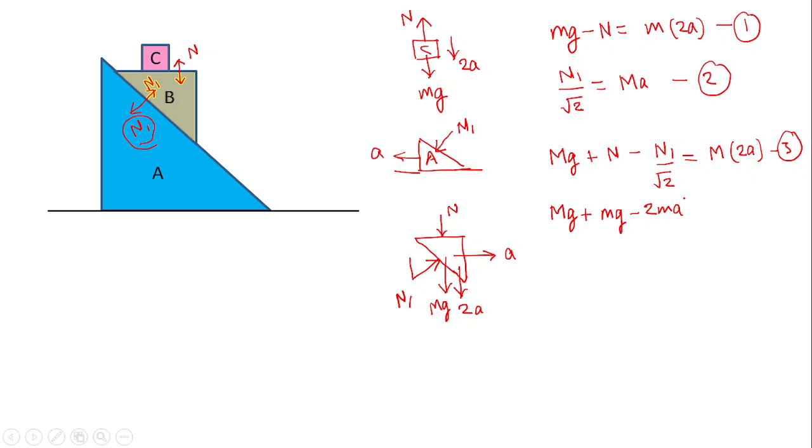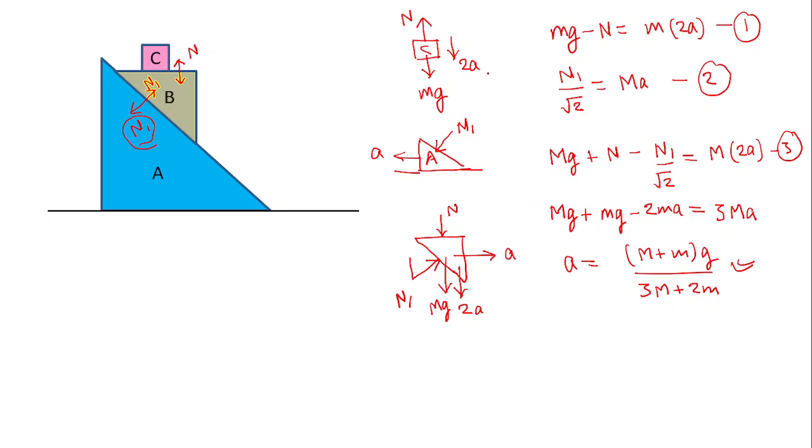If you bring it to the right, it becomes plus Ma. So it is what? It is 3Ma. So what we can say is that a is what? (M plus m) times g upon (3M plus 2m). This we got as a.